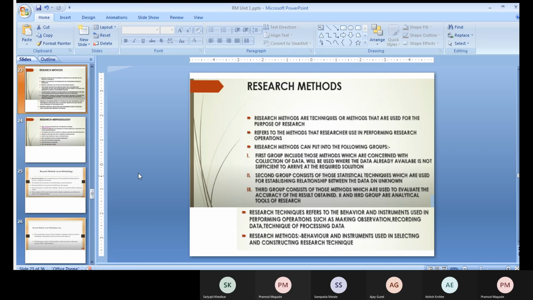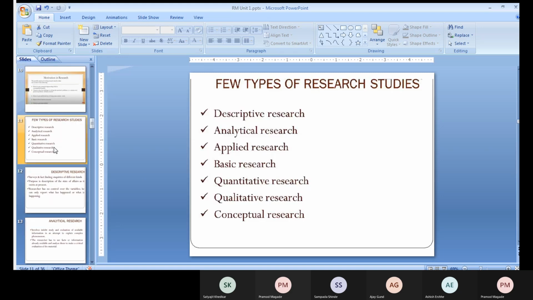To fulfill those types, we have to follow methods. Suppose I'm going to do descriptive research. The method for this descriptive research is that I will have to study only research papers. That is a kind of method. It is not that I will have to do experimental work in descriptive research. No, that will not be our descriptive research.